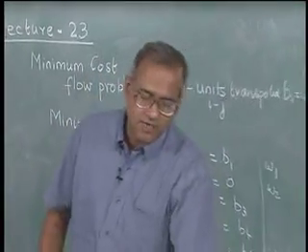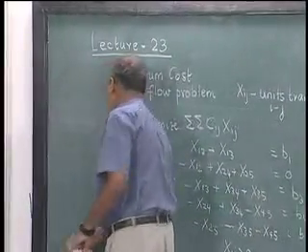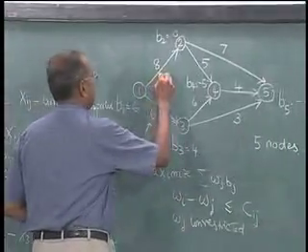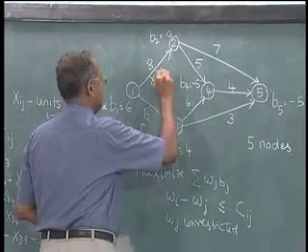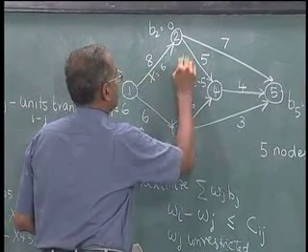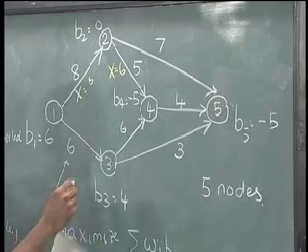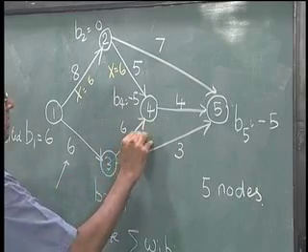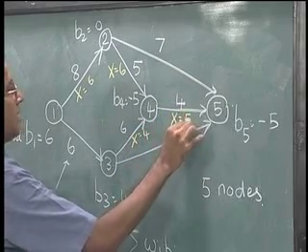So, let us start with a feasible solution where we have x12 equal to 6, x24 equal to 6, x34 equal to 4 and x45 equal to 5.